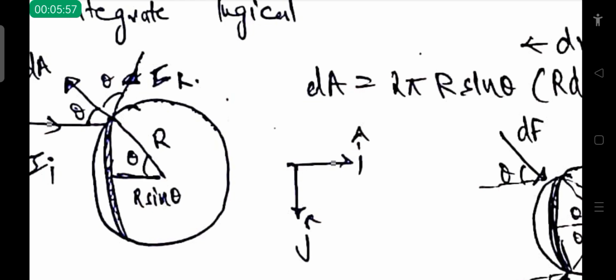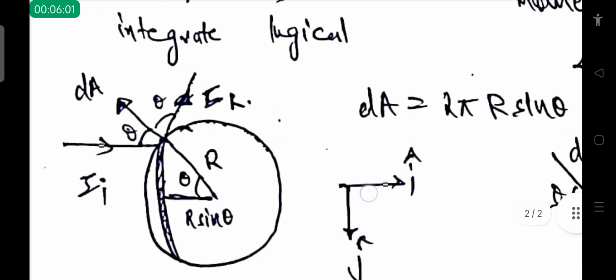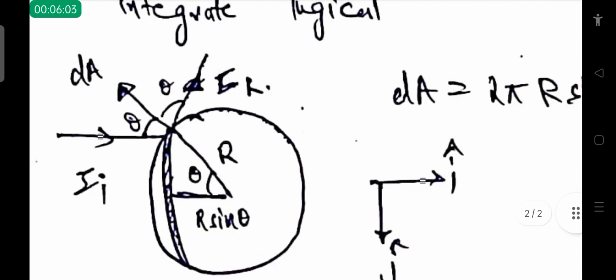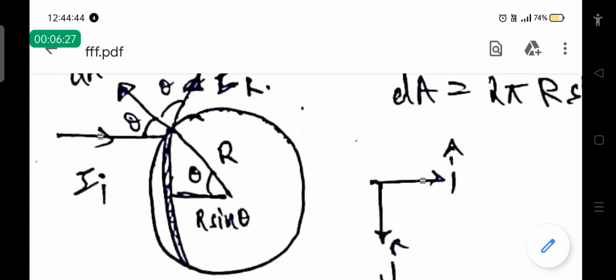And what I'll do next is take a part dA on the surface of this sphere, because light is incident on the outer part and does not penetrate inside, so it is completely reflecting. Now if we see this, what are capital I small i and capital I small r, this and this?